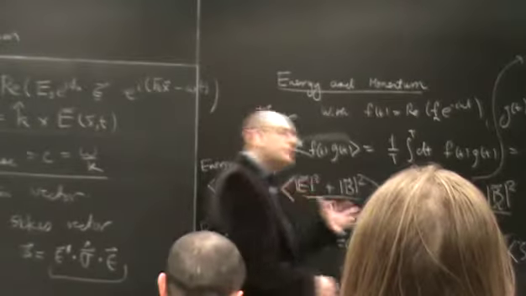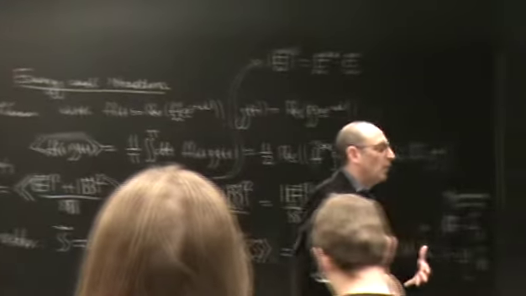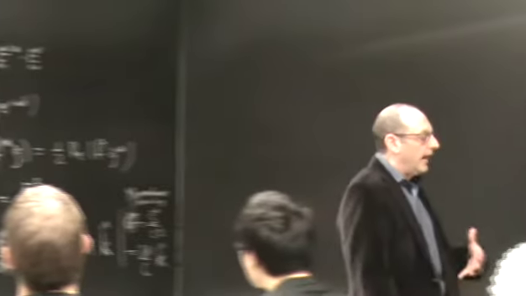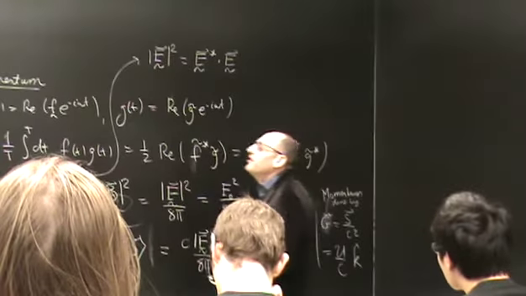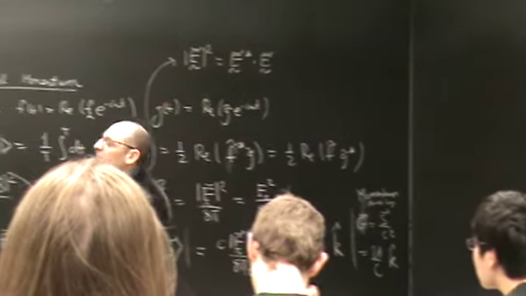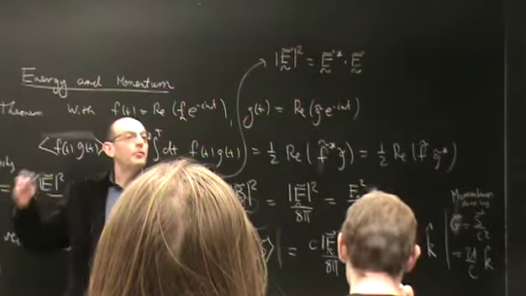Well, as I mentioned, there's sort of two reasons we do that. One is that in some circumstances, the physical wave is well approximated by a plane wave, at least in some regions of space.